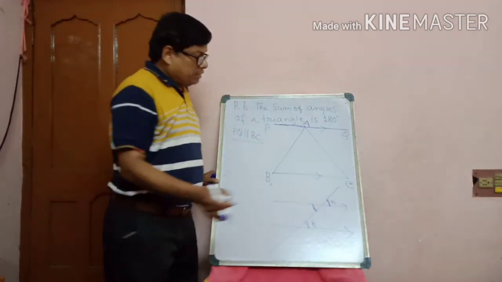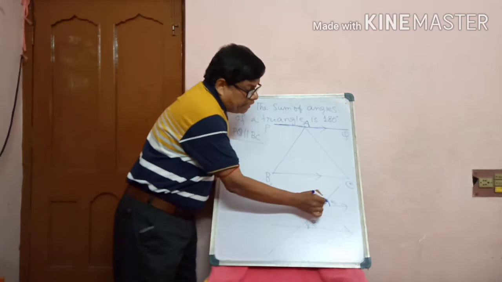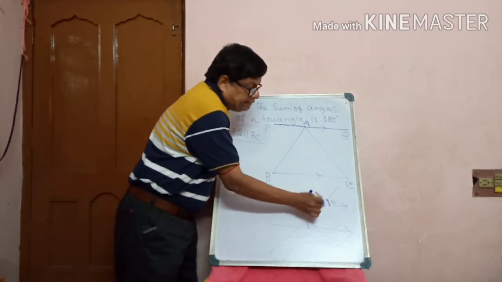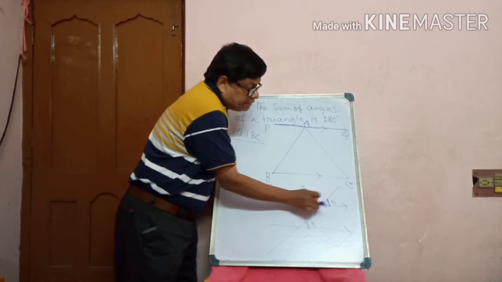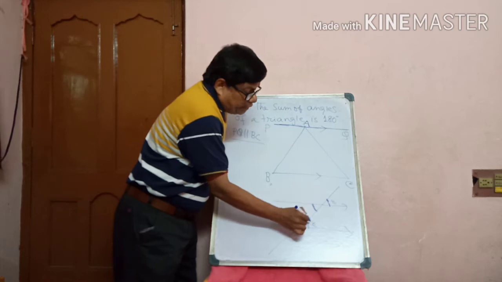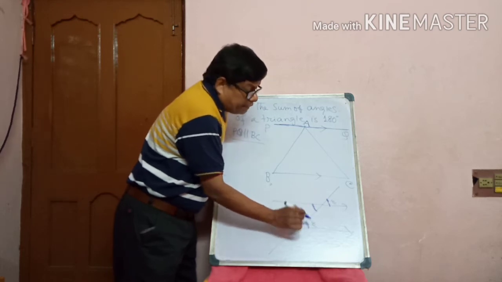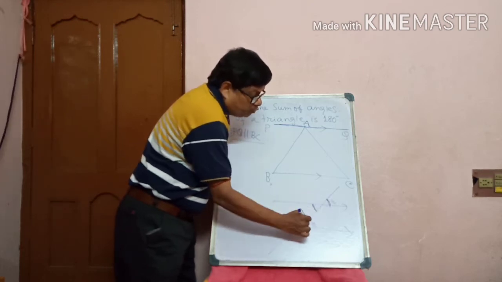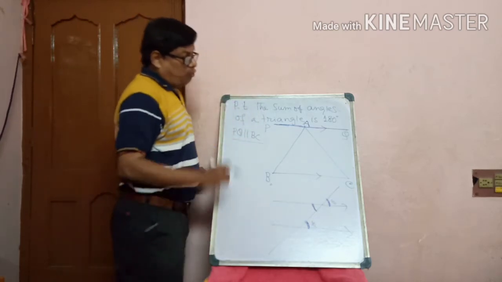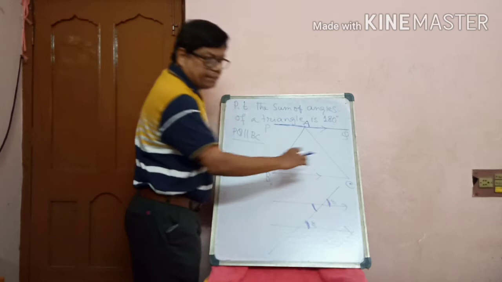Two lines intersect at this point, so this is the vertically opposite angle, and these two angles are alternate angles. So this angle equals this angle, and these two are equal, so this is the corresponding angle.